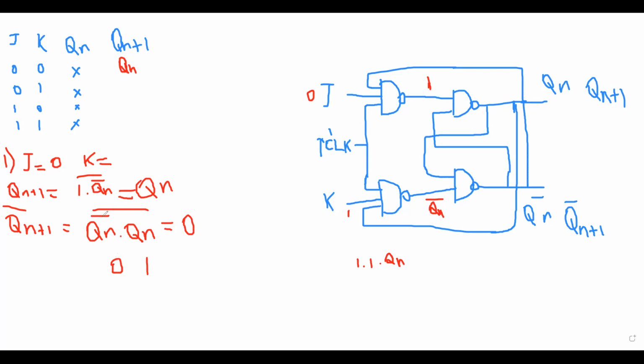We can get 0 here, and here we have the bar for the whole, so 0 bar, and it's equal to 1. So we get 0 for Qn, and it's a reset condition. Then I'll move to the third state.